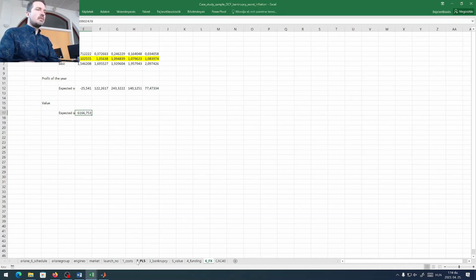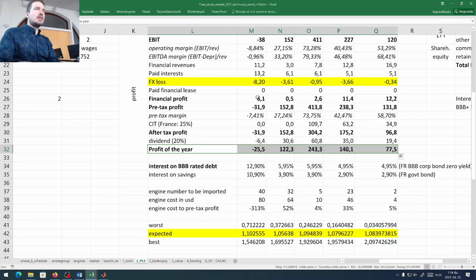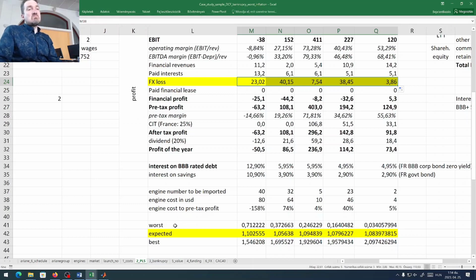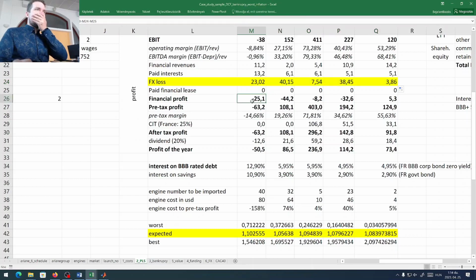Okay, so now we can just say that this was cool, but let's see what happens if we are moving into the realm of extremities. So let's move this up to the worst. What can possibly go wrong? So this is not worst, this is best. Am I doing this right?